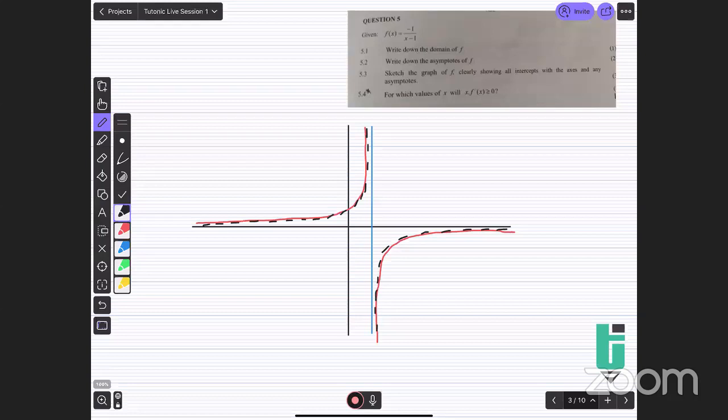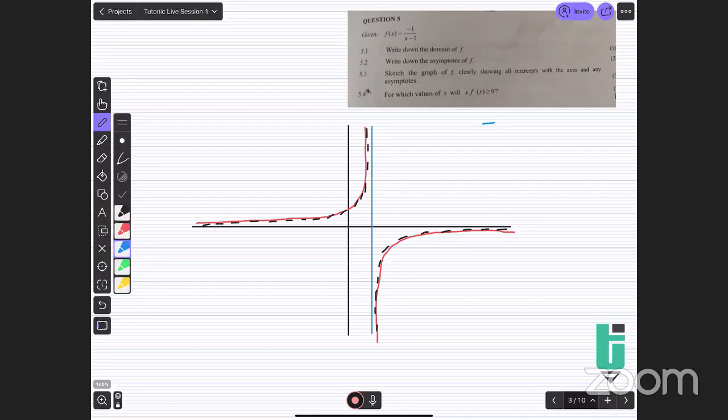Oh wait, isn't it both positive? I want definitive answers. Both positive gradients. They're both positive, right? So the entire graph has a positive gradient. That's the subtle thing about the hyperbola: the entire hyperbola has a positive gradient. Do you see that? Yes. It may go closer and closer to 0, but it's still positive.